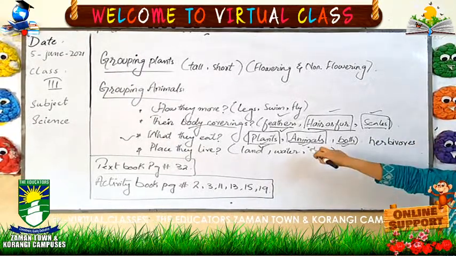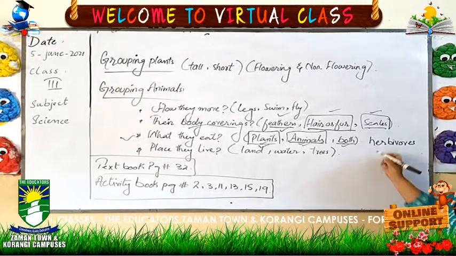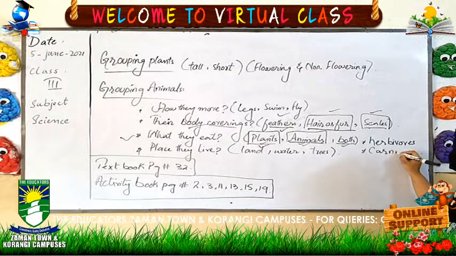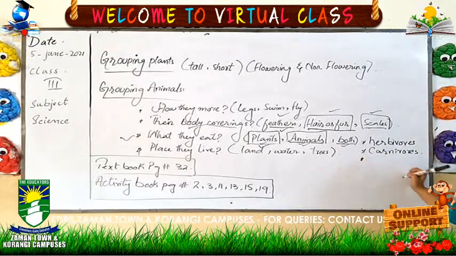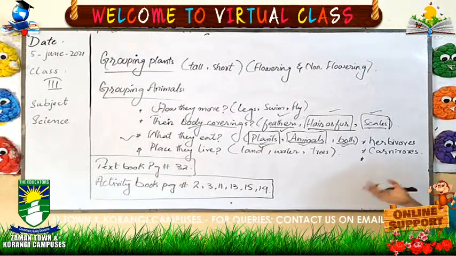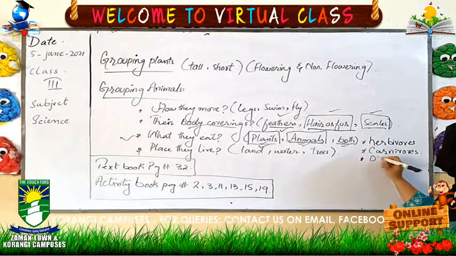And what about the animals which eat other animals as their food? Those are carnivores. Okay, we call them carnivores. And what about the animals which eat both plants as well as animals? We give a specific name to them, that is omnivores.